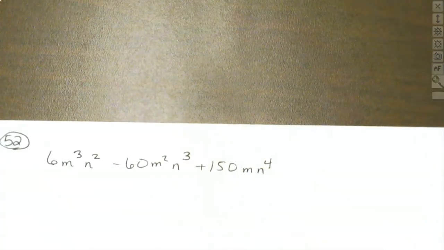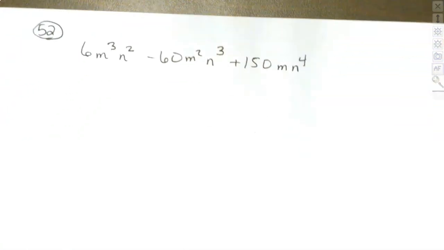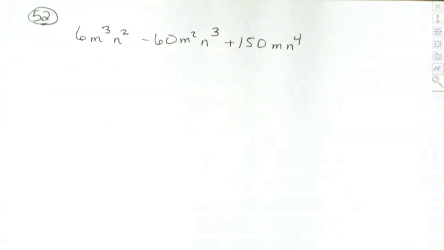And I picked this one because this one has multiple variables, and we can also factor something out at the very beginning. So we've got all these different variables, so we need to see what we can factor out. When I look at this, look at the numbers first. I've got a 6, a 60, and a 150.